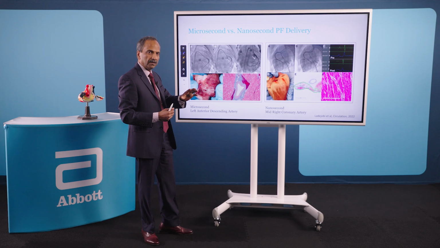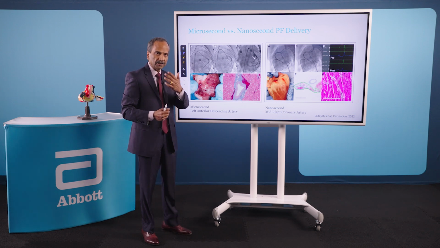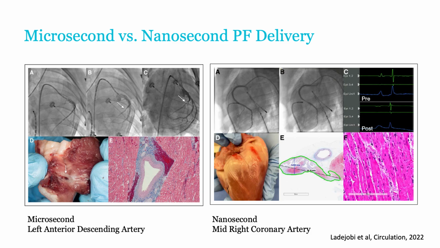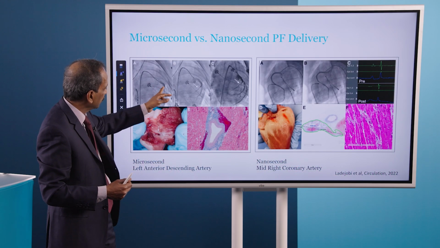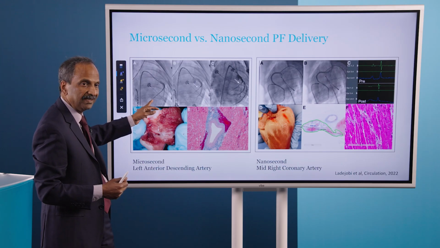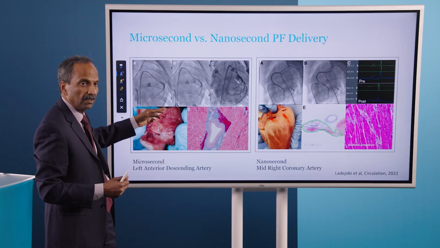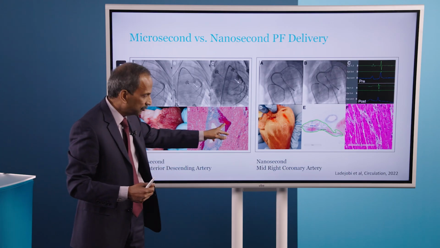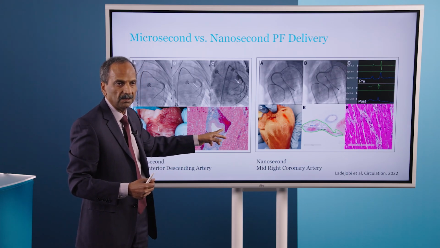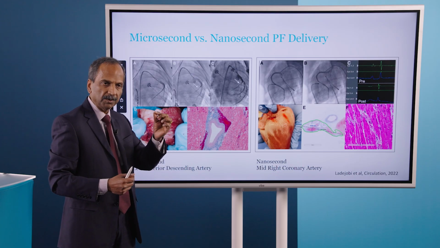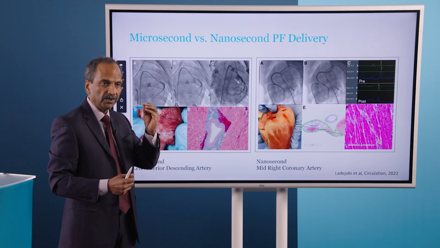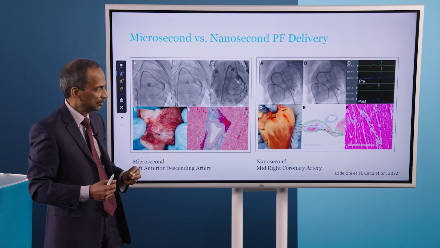Now, before I discuss the workflow or method for prevention, just to show you some of our work, my colleague Dr. Ladajobi showed that if you actually try to electroporate from inside the coronary artery, like the earlier work with the carotid artery, you can actually get permanent lesions. And the reason for this is probably the thermal effect, that first zone where we get minimal changes in the temperature.